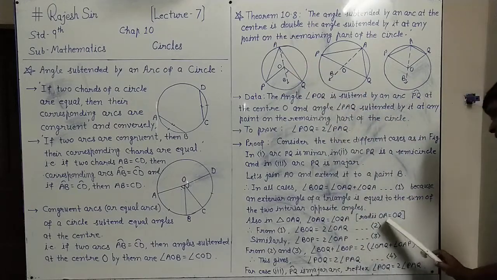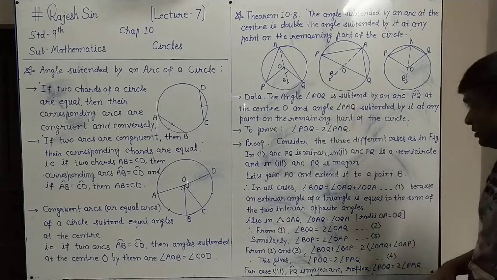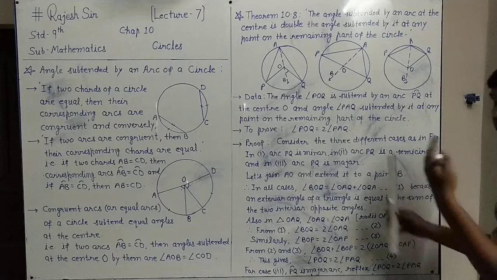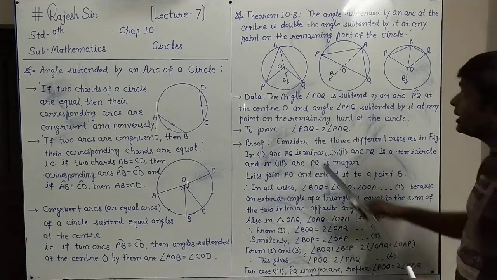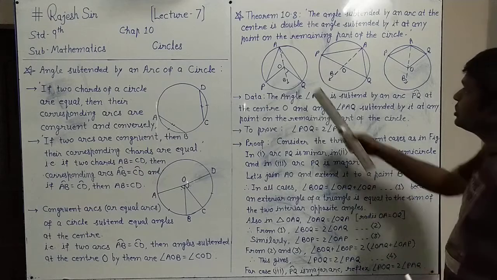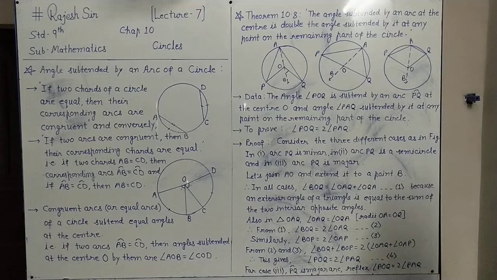The radii OA equals OQ, which is obvious in the figure. In a triangle, if two sides are equal, their opposite angles are equal. So OA's opposite angle is angle OQA and OQ's opposite angle is OAQ. Both the angles are equal. Say this as the reason: radii OA equals OQ.